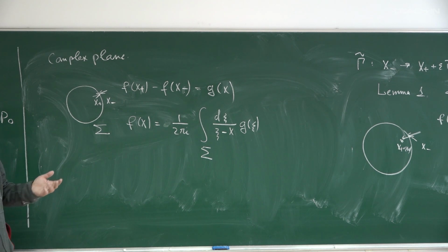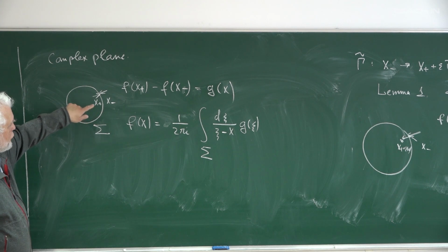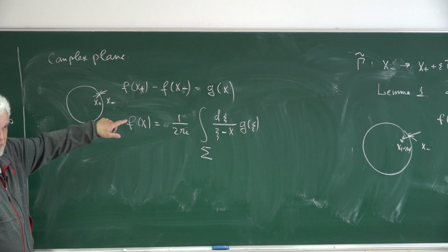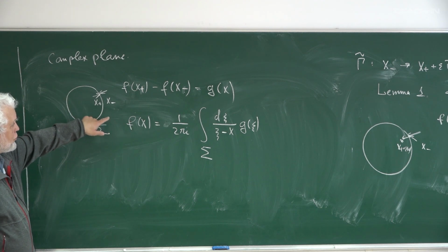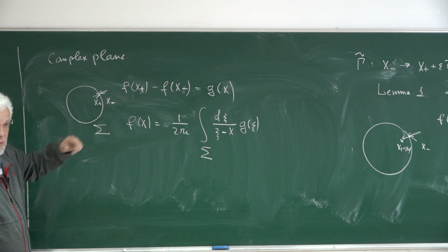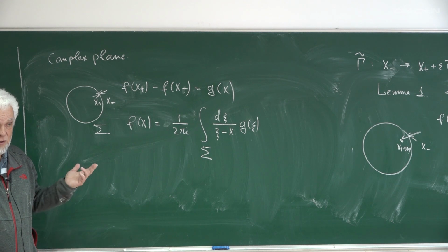But what if we apply the Cauchy formula to an arbitrary function g? This formula defines a function which is holomorphic outside and holomorphic inside the contour, and the jump is exactly this one. It's the Plemelj-Sokhotski formula also. Is it clear?